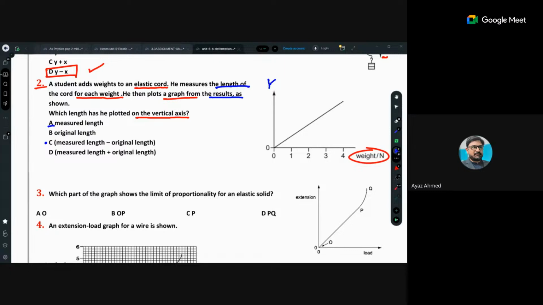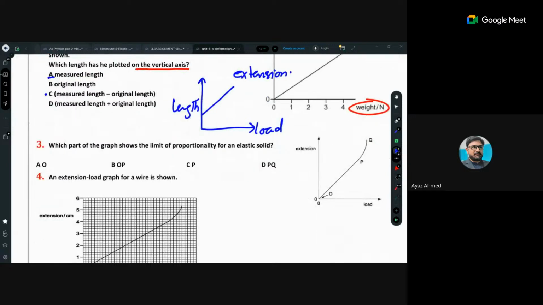C. Why? Because actually this is extension. When I talk about extension, extension is final length minus initial length. So remember one thing: when the graph is an extension-load graph, it starts from the origin. But when the graph is not an extension-load graph, it is measured length, I mean final length and load graph, it would appear like something like this. Okay?